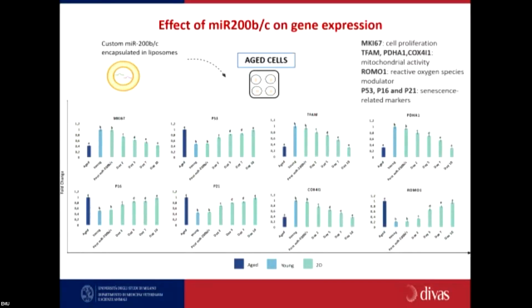Okay, so this was one of the differences, and we tried to customize these miRNAs encapsulated in liposomes, and we transfected aged cells with these miRNAs. And what we saw is exactly the same effect that I described before. So we have an increase in cell proliferation and a decrease in senescence-related markers, mitochondrial activity, and reactive oxygen species.